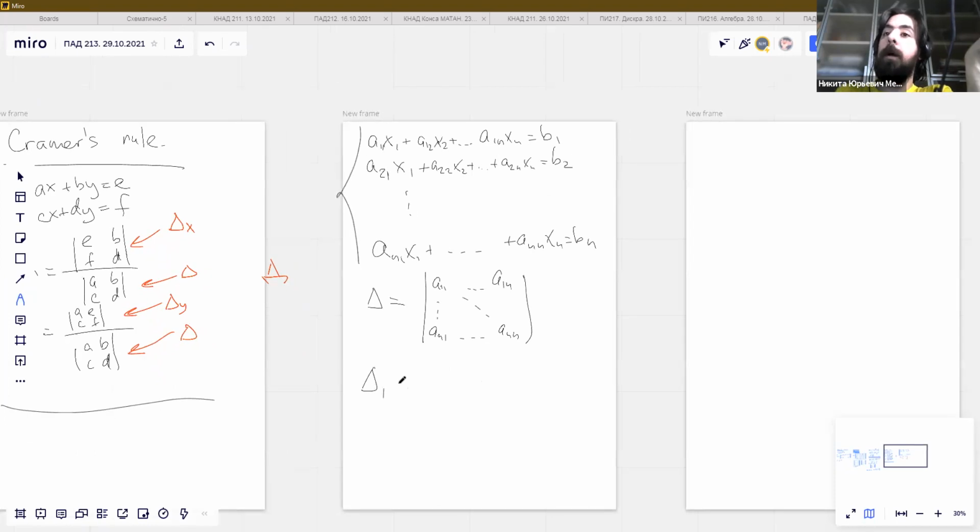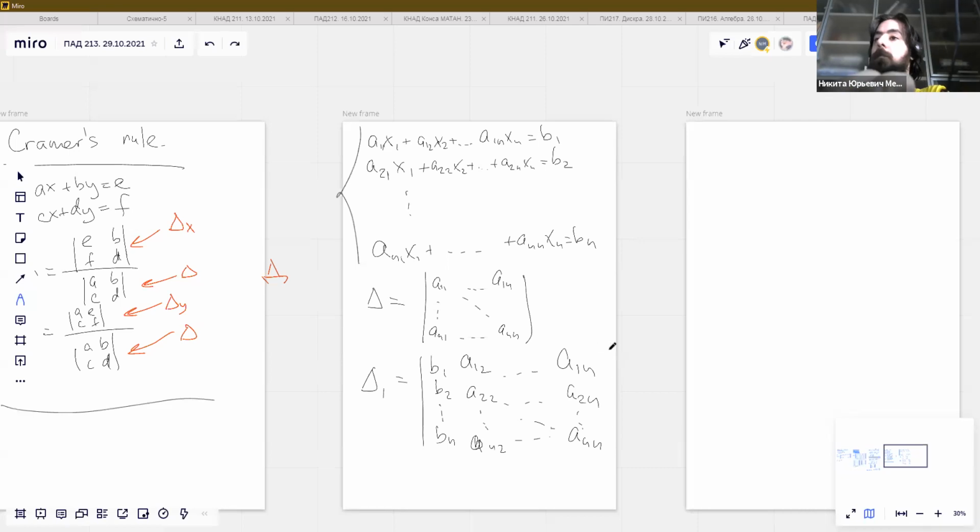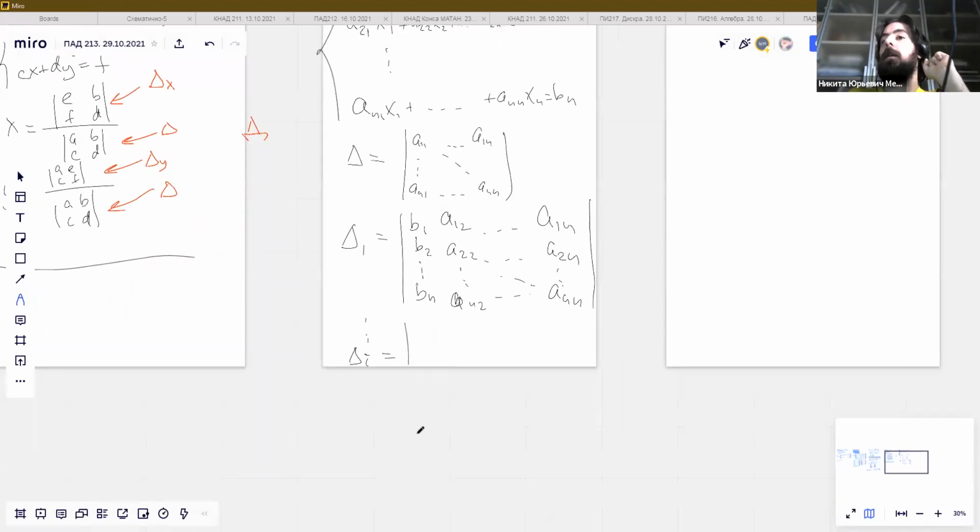Now, delta 1 is the determinant where the first column gets replaced by the right-hand side, and all the other columns stay the same as they were. Etc. So each delta i is as follows.